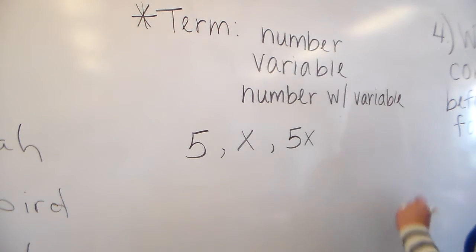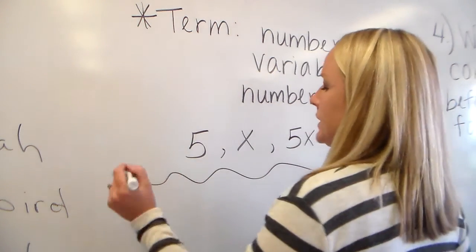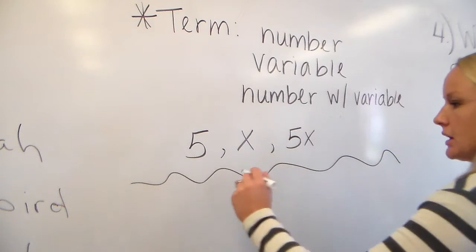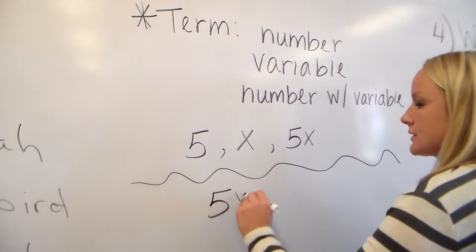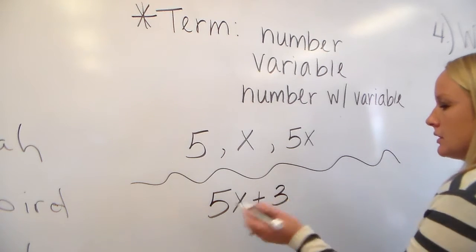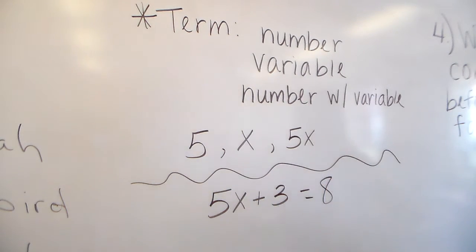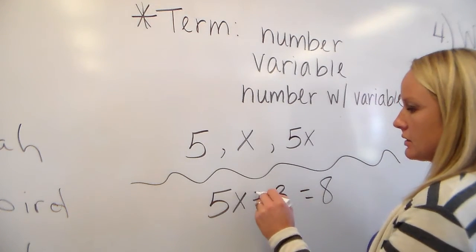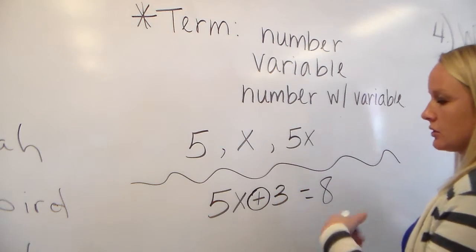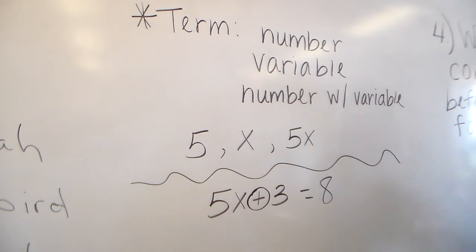If I'm given an equation, like what we've been seeing, so let's say I had something like 5x plus 3 equals 8. Terms are separated by addition, plus signs, or by subtraction.